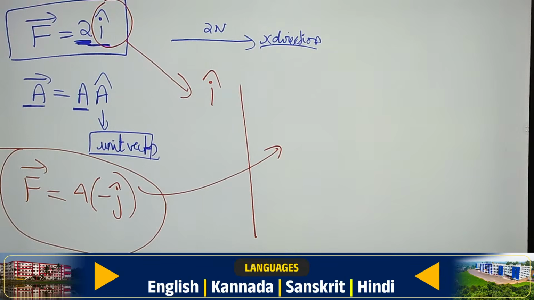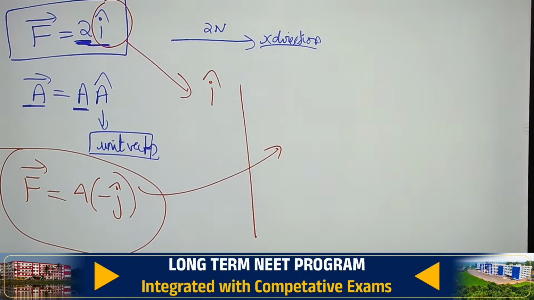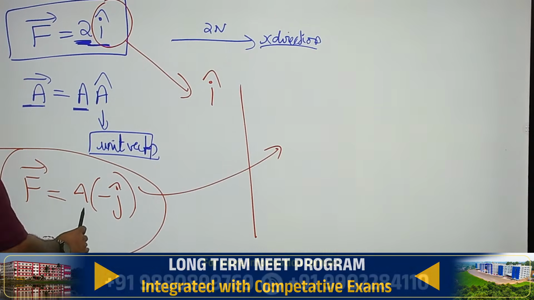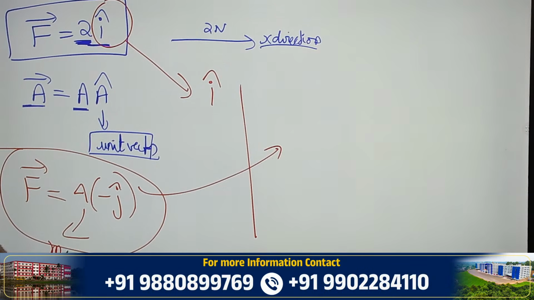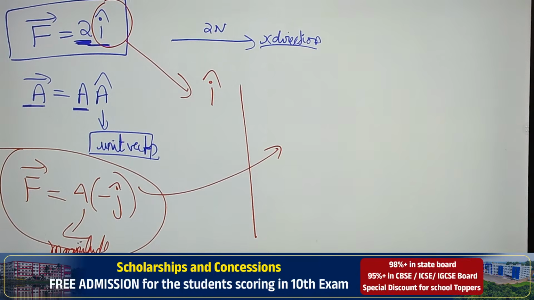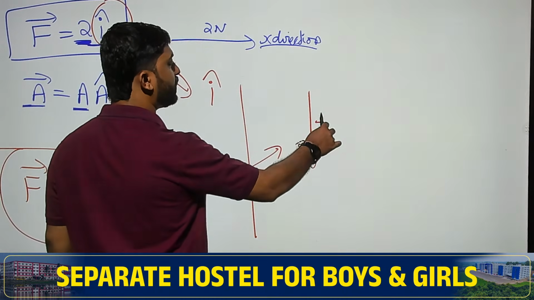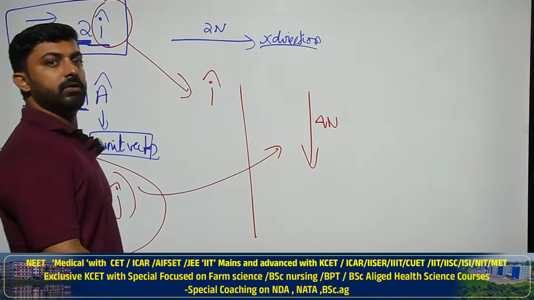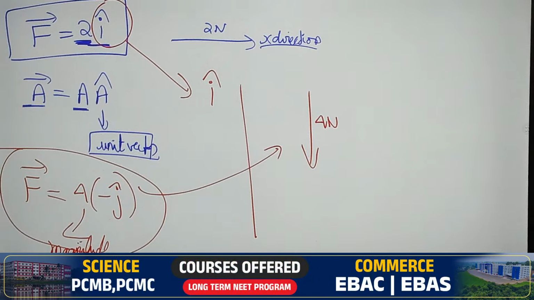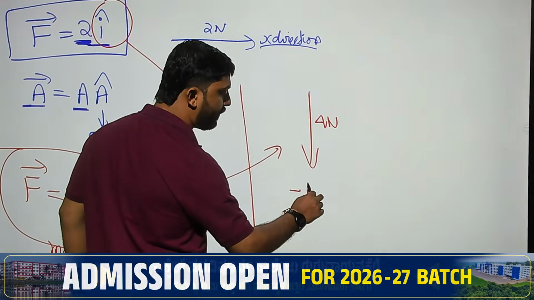What is the magnitude of force? Magnitude of force is 4 Newton. Right? 4 Newton is acting in downward direction. So if anyone asks what is the unit vector, the unit vector is minus J cap.